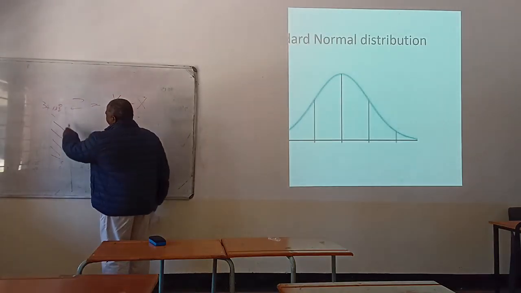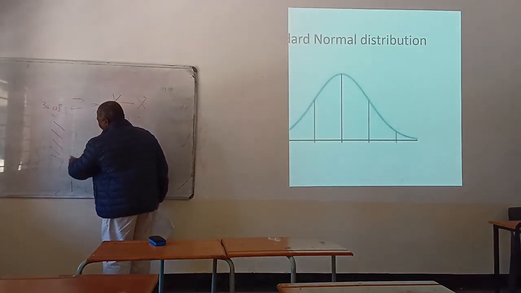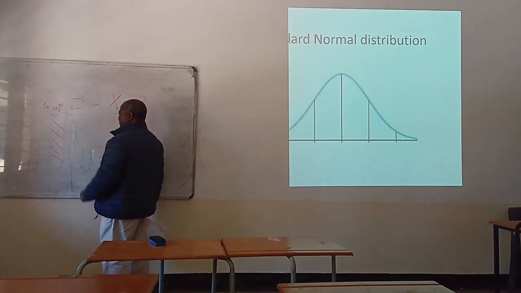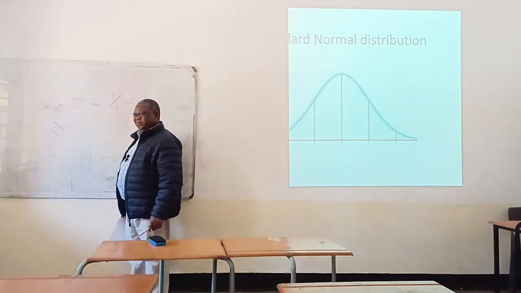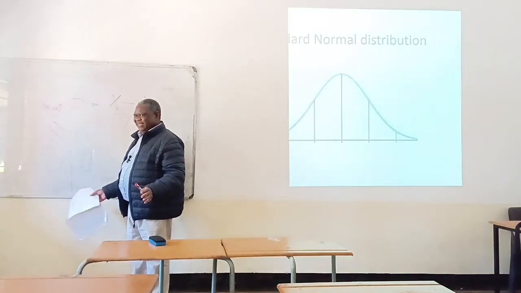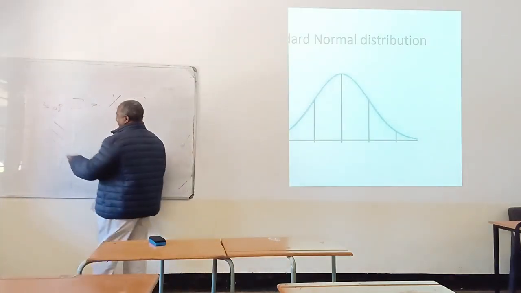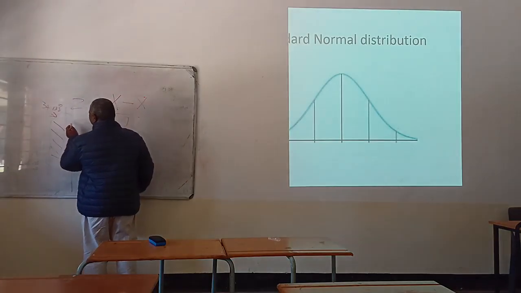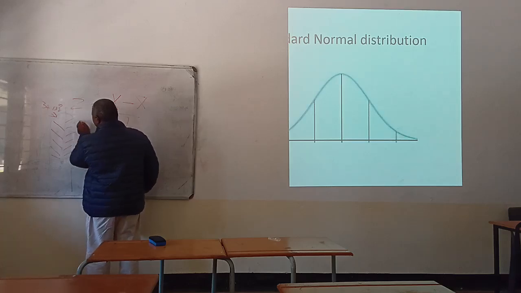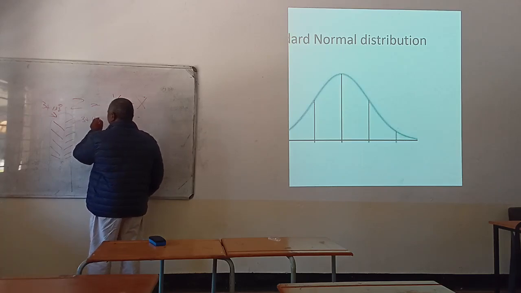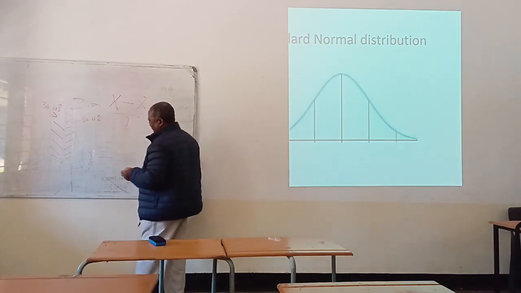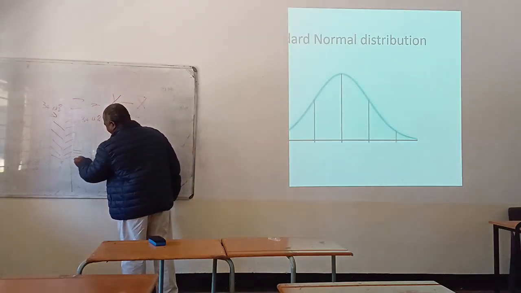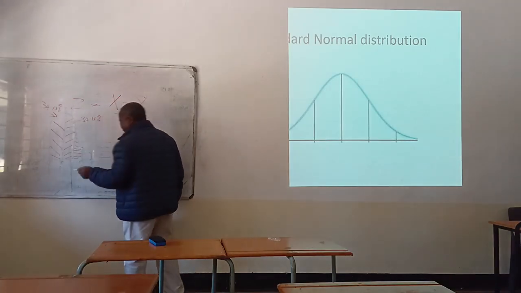The number of students who will have performed between 50 and 60 will be 34% of the whole group. Am I making sense? So this one will be 34%. This will also be 34.13%. Those who perform within this area between 60 and 70.